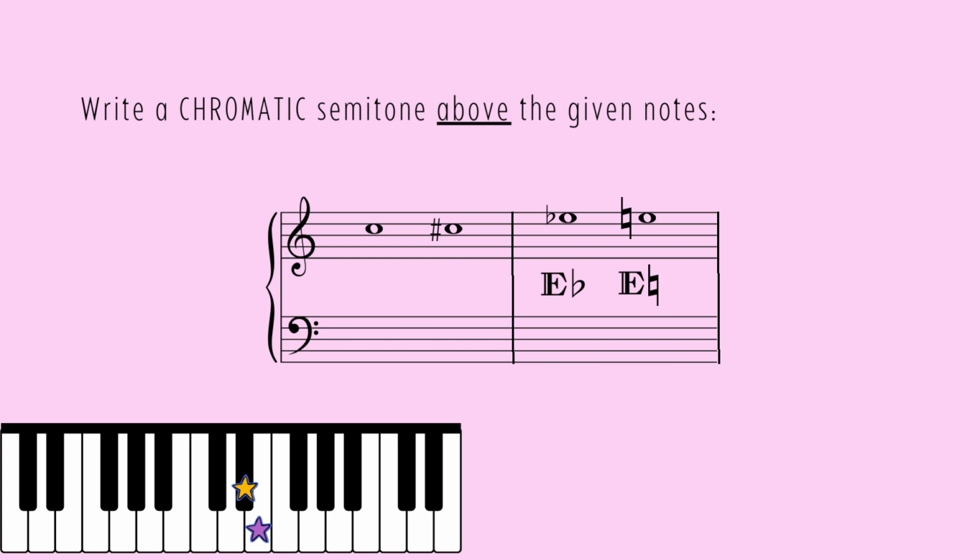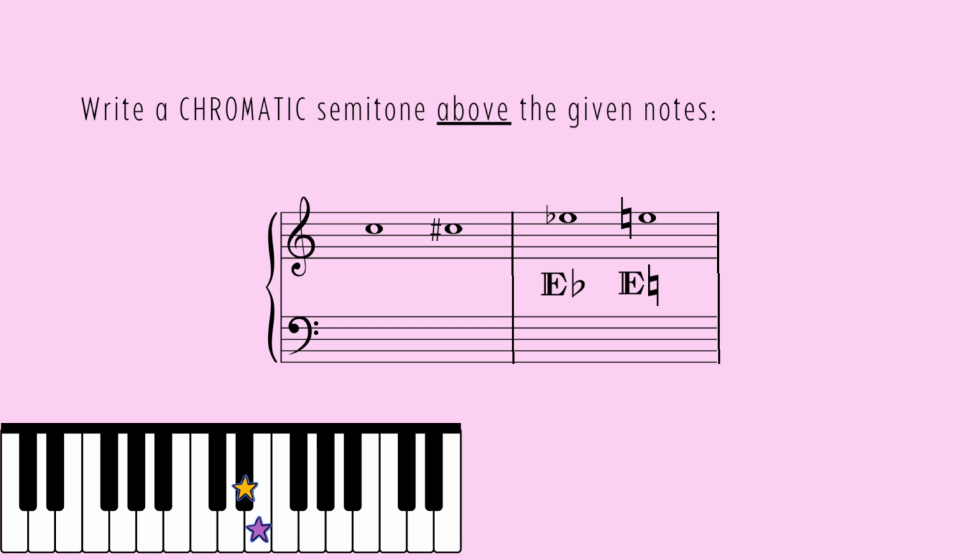Next, we have the note E flat as our given note, which is represented by the yellow star on the keyboard picture. And so we're looking to raise this note by a chromatic semitone. And in order to raise a note from being flat, we actually are using a natural sign because we're bringing it back to its natural state. We're raising it from being flat. And in order to do that, a natural sign is used.